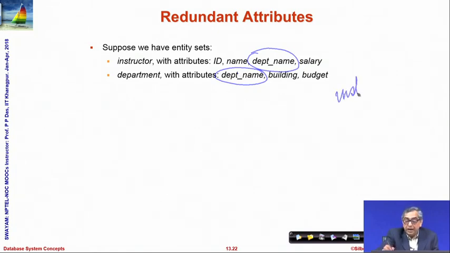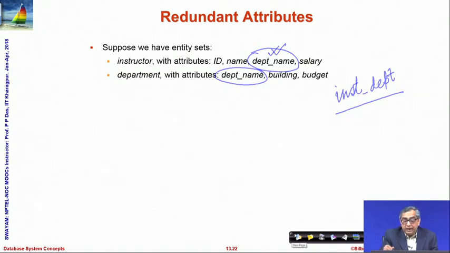Now, since every instructor belongs to a department, naturally we might want to have a relation inst_dept which could give the instructor and his or her department name. So, if we maintain that, then this becomes a redundant attribute. This is not required, because that information is already there in this relation.